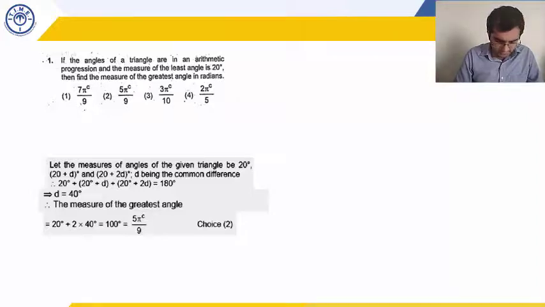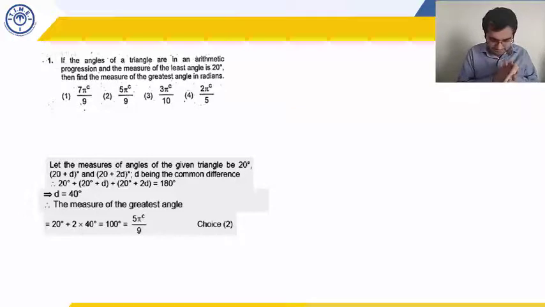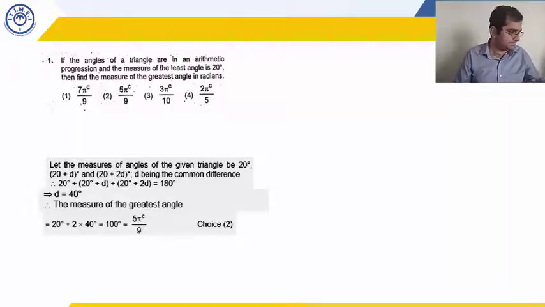You can write all this down. So 360 degrees is 2 pi radians.